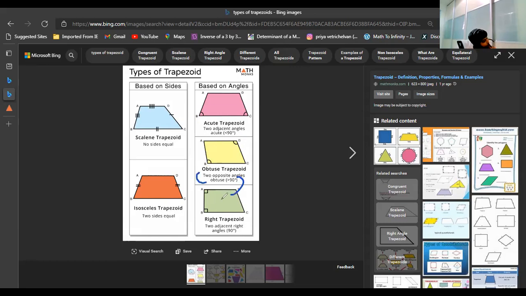The two opposite angles must be obtuse. For example, suppose there is one shape.